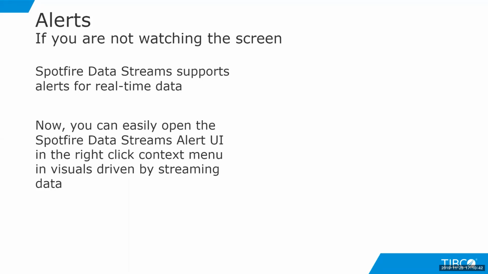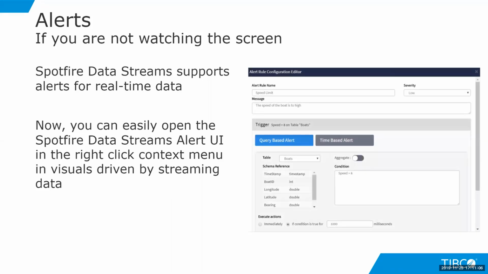Spotfire data streams previously had an alert capability that can, for example, send emails and so on. What we've done in 10.6 is that it's now possible to easily open the Spotfire data streams alert UI by right-clicking in the context menu in a visual driven by streaming data. And then you end up in the correct location in the Spotfire data streams alert configuration editor.